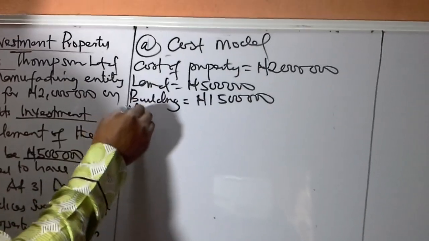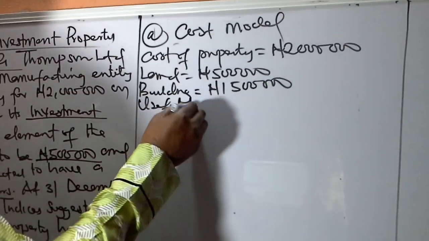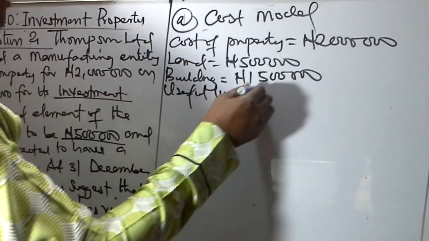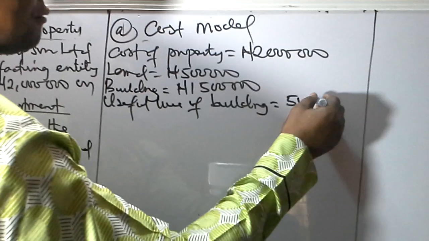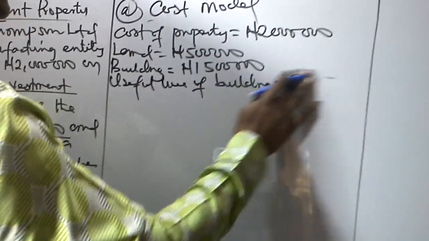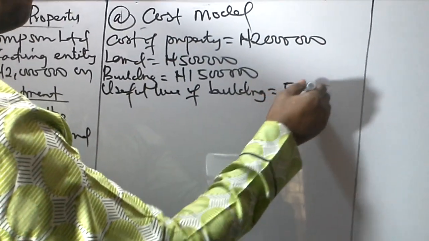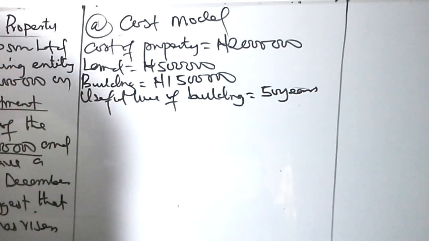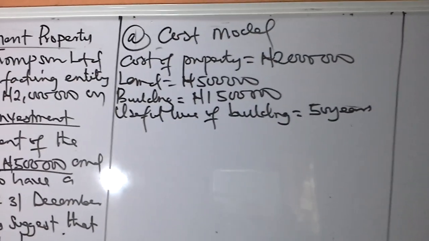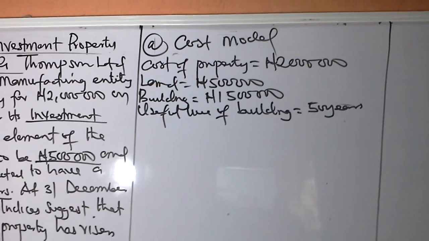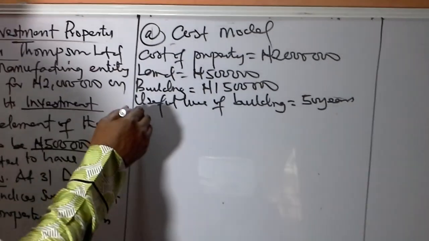So the useful life of the building is 50 years. Now, what is your annual depreciation?